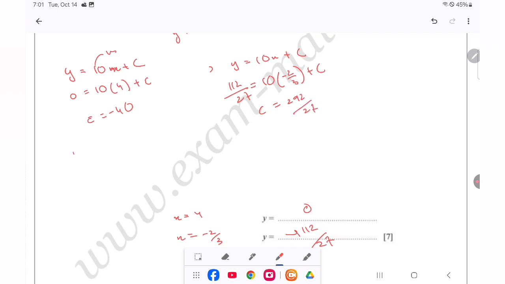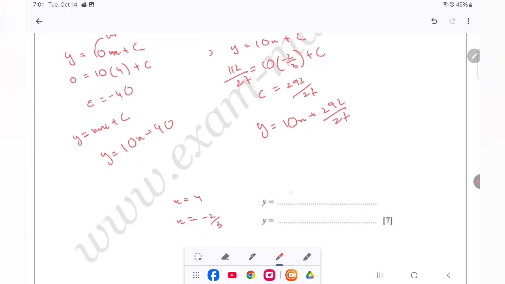Now if we apply this in the y equals mx plus c equation, y equals 10x plus c, with c negative 40, and y equals 10x, the slope given in the question, plus 292 over 27. So this is the answer for our first y and second y.